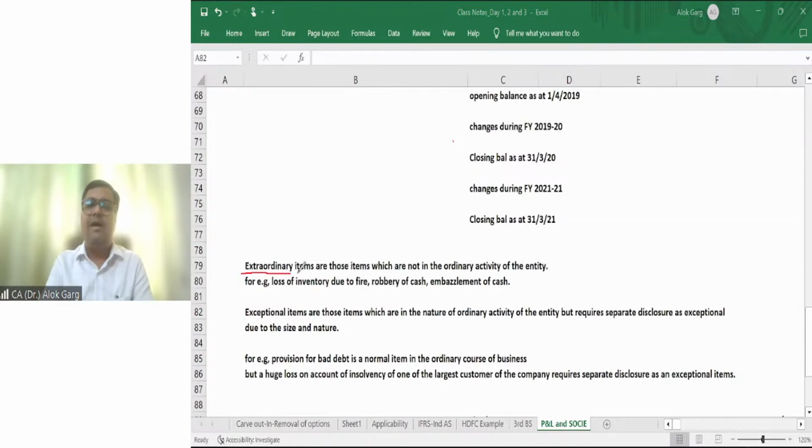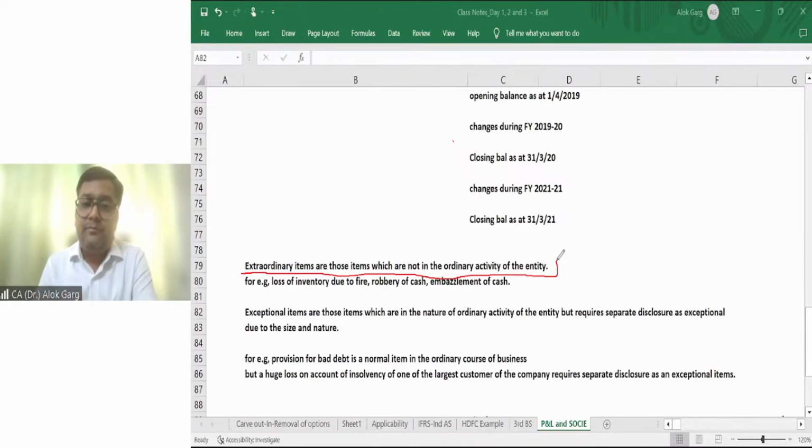This definition is from the accounting standard, not from Ind AS. For example, loss of inventory due to fire, robbery of cash, embezzlement of cash, loss due to earthquake. Is it an ordinary activity? It is not an ordinary activity.